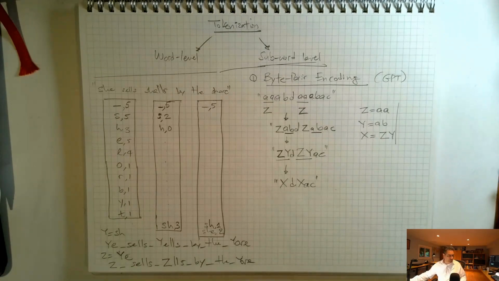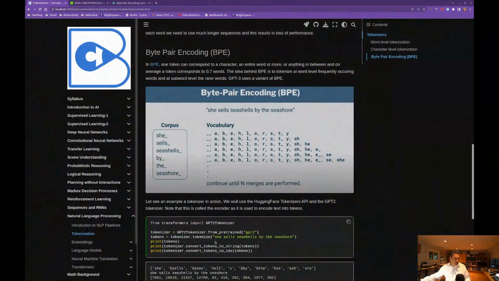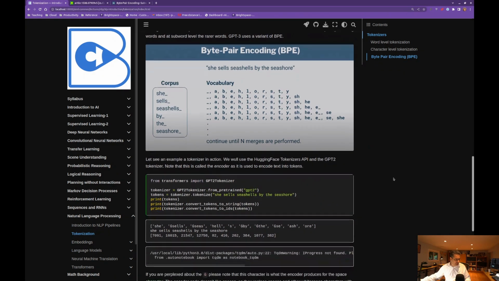If you go into your notes, you can see how this API is called with the sentence that we have as an example. Over here you can see the tokens that the algorithm has produced. Obviously the algorithm is doing more pairings than what I illustrated over here, and therefore we don't necessarily have 100% agreement with all the tokens we have identified up to this point.